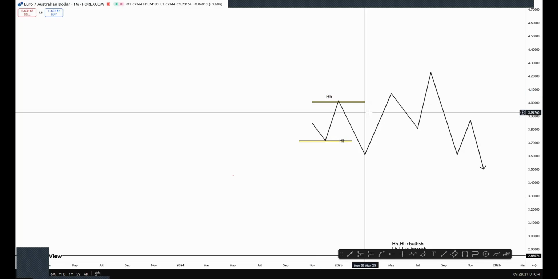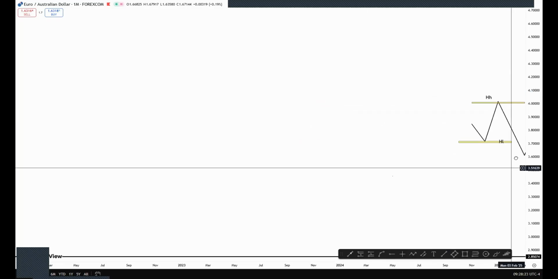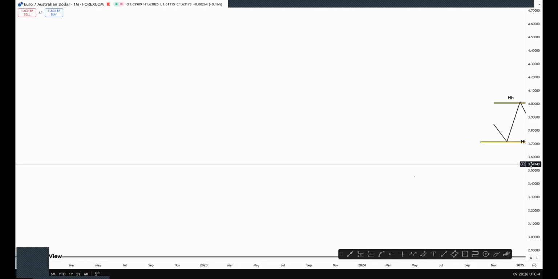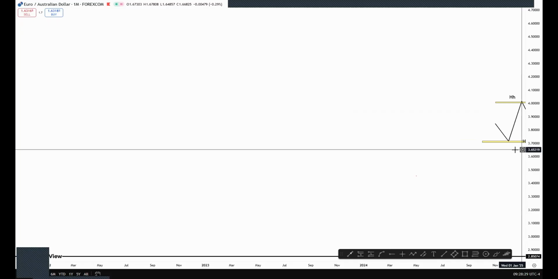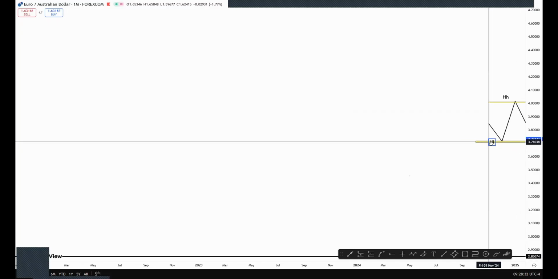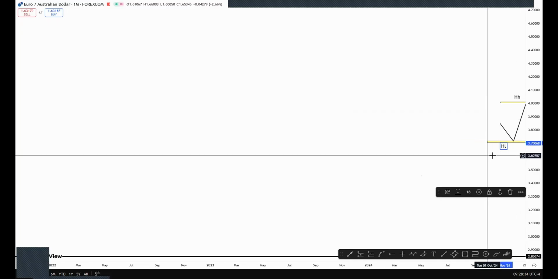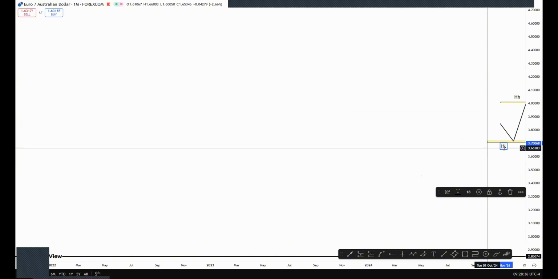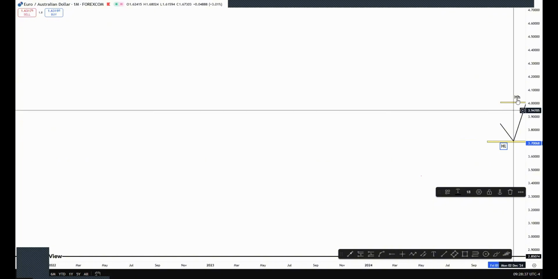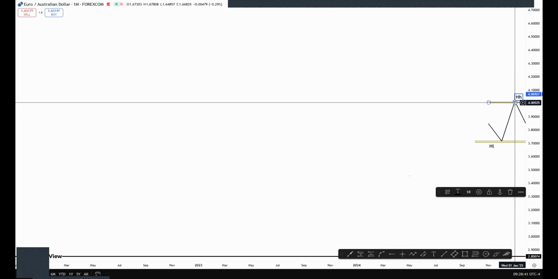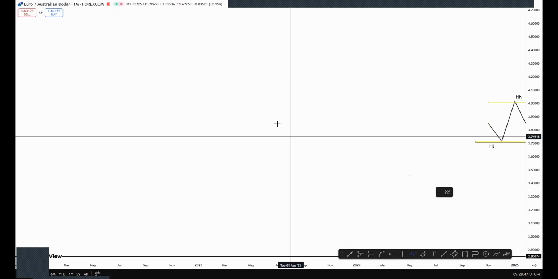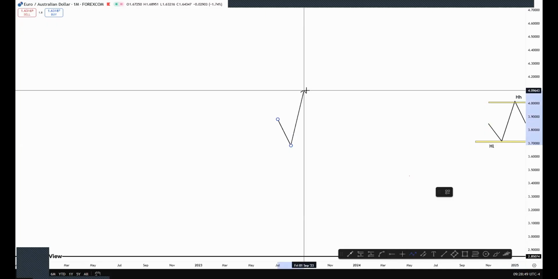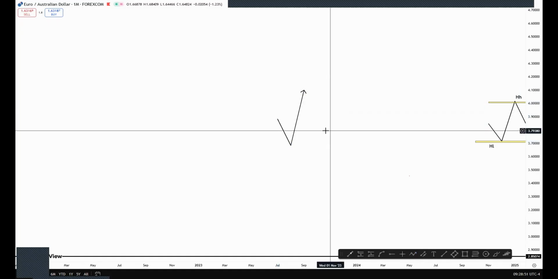If we consider price from this perspective, this price is bullish. Why? Because the trend is bullish, because price has made the higher high, which is right there, and this is our higher low.